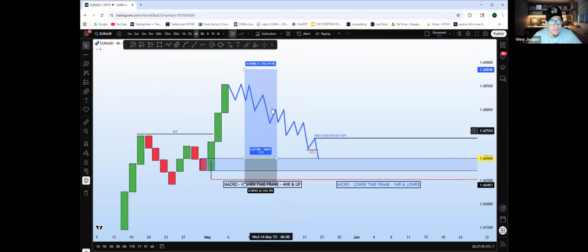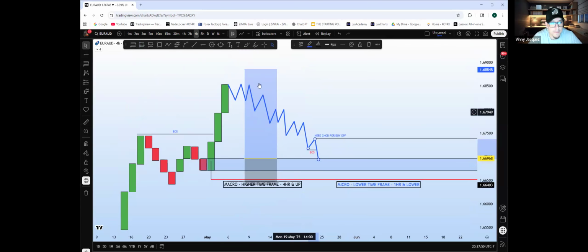But then there are going to be people who say, you know what, I don't trust this zone off the first touch. I want to see my confirmation. I want to see the change of direction so I can then look for a buy opportunity.